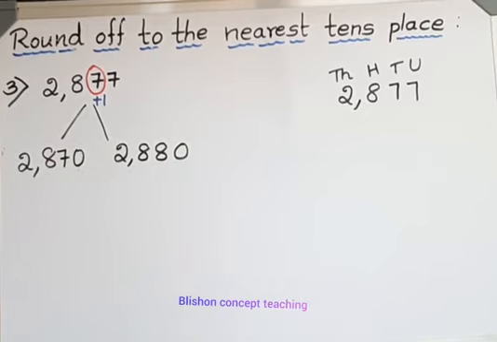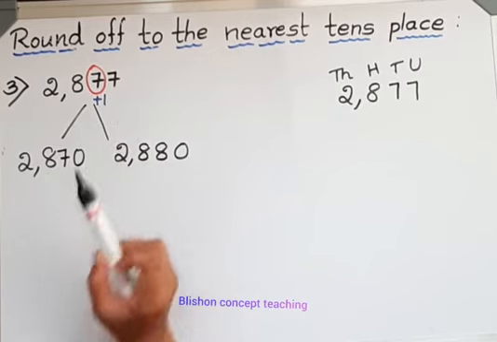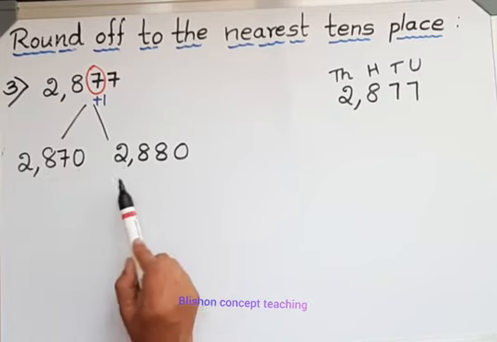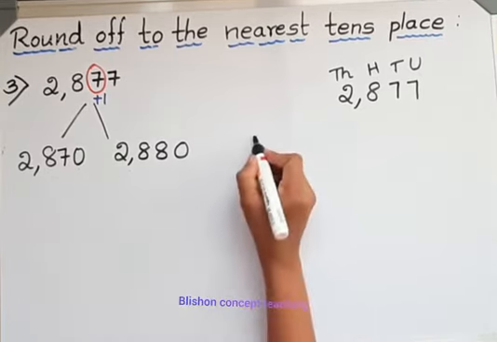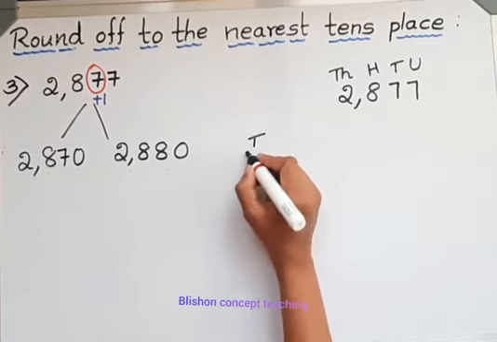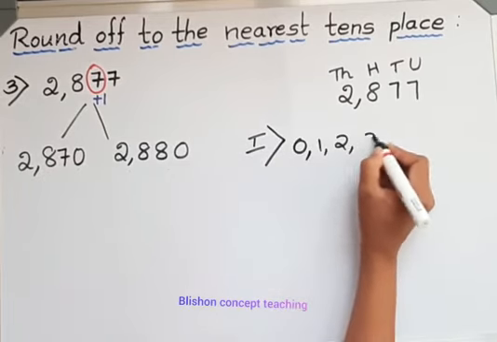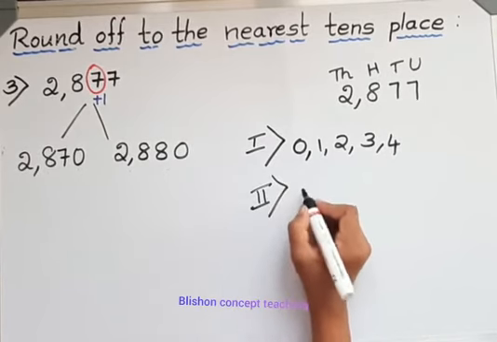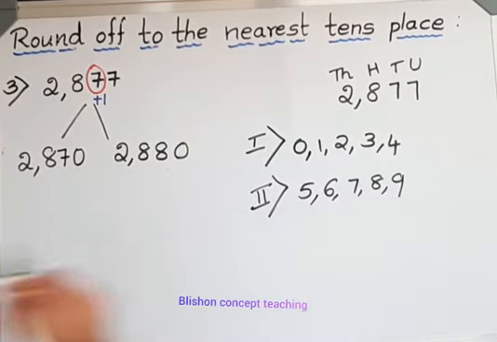Now we have to find out whether this 2877 is nearest to 2870 or 2880. We know that there are two rules. In the first group, 0, 1, 2, 3, 4. And in the second group, 5, 6, 7, 8, 9.